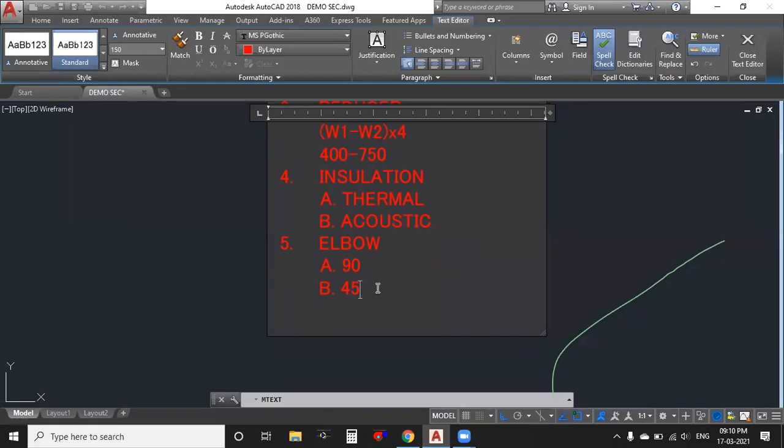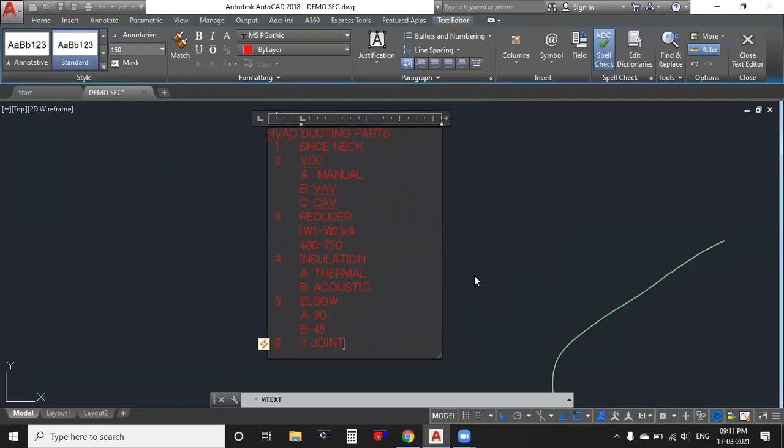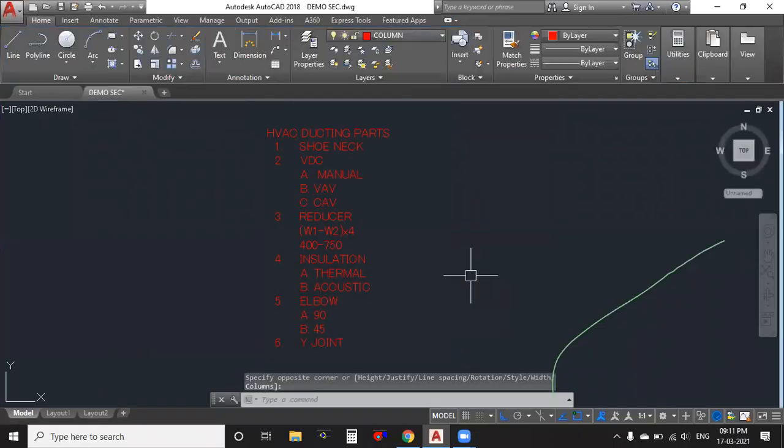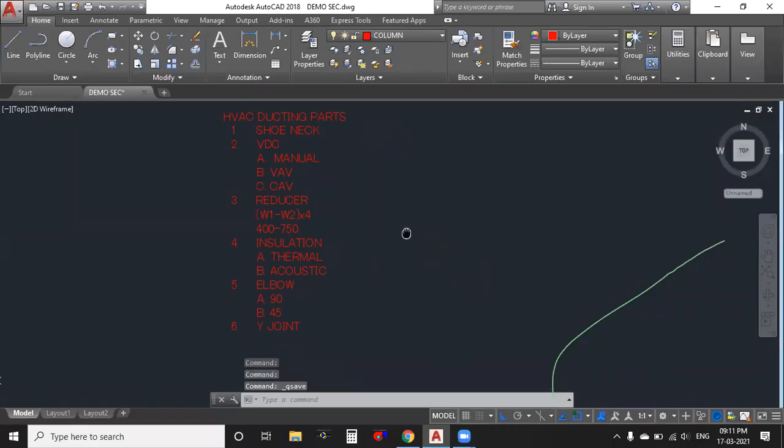Elbow, we are having two types of elbow. One is 90°, one more is 45°, and we have Y joint. So how many things we are having here?